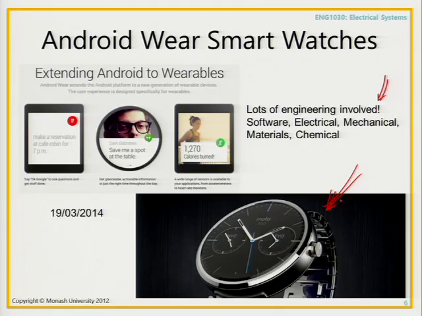How do you fit all that electronics into a little package? You need to think about materials. What kind of materials do you use to make the band? What kind of materials do you make the watch face, the actual internals? And also, what chemicals do you use, say, for the batteries and all the processes that you do?